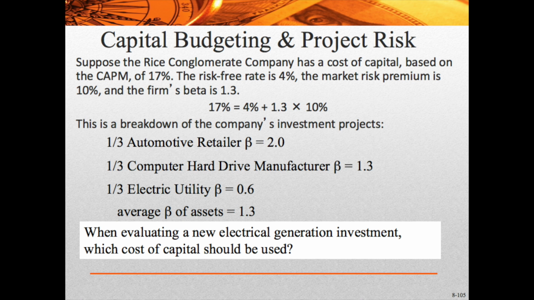So the question is, when evaluating the new electrical generation investment, which cost of equity or which cost of capital should be used? Well, if it's a new electrical generation investment, it's going to be aligned with the electrical generating company, and that's the beta to use because the risk of the project is related to that portion of our company.